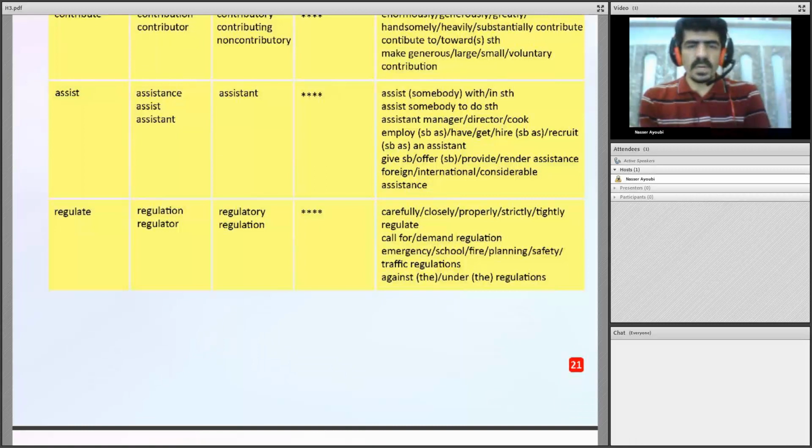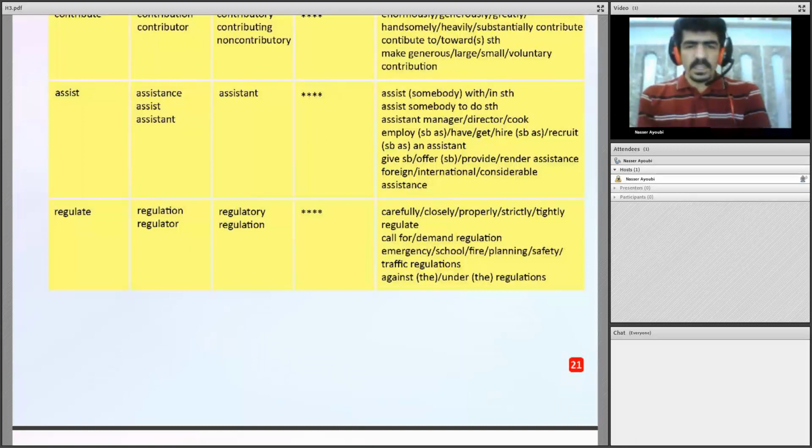Collocations: carefully regulate, closely regulate, properly regulate, strictly regulate, tightly regulate. Call for regulation, demand regulation. Both mean ask, want.